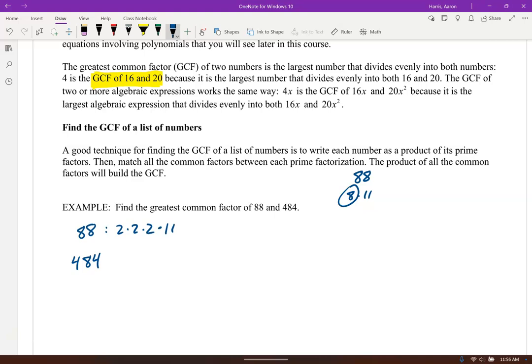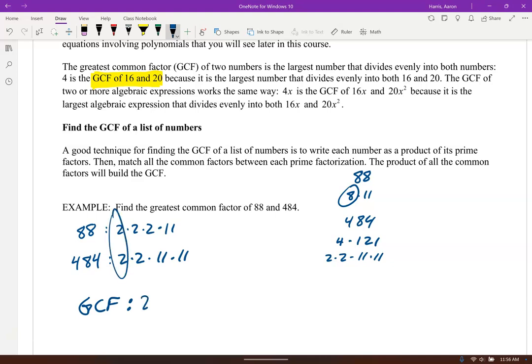484. Well, 4 and 121 is 484. Well, 4 is 2 and 2. 121 is 11 and 11. There it is: 2, 2, 11, and 11. So for the greatest common factor, you take one of each that they have in common. They both have a 2 in common.